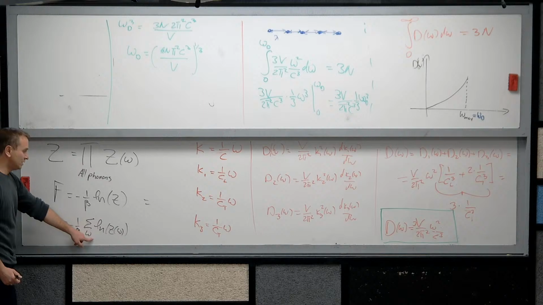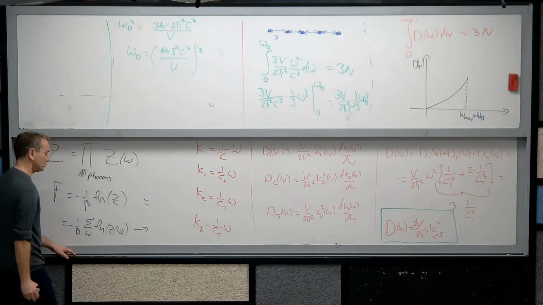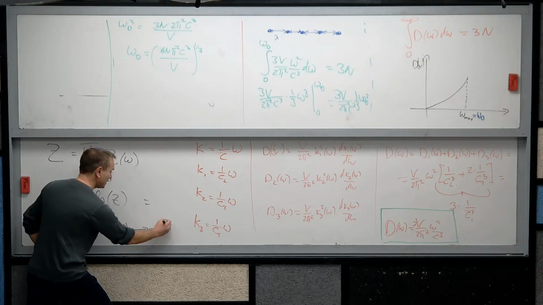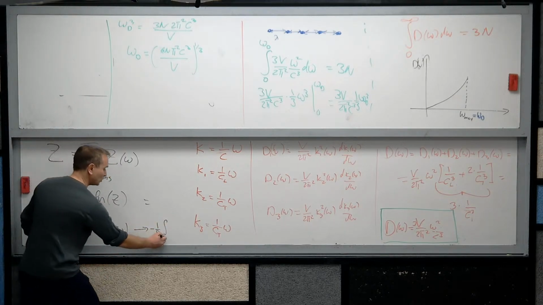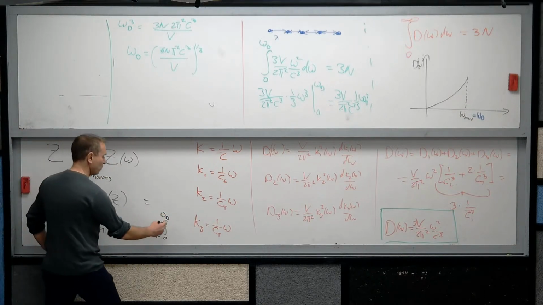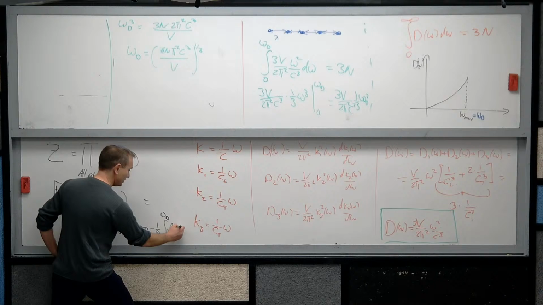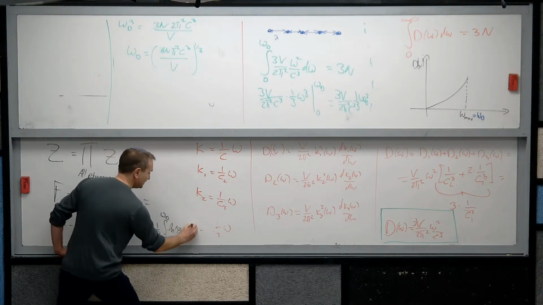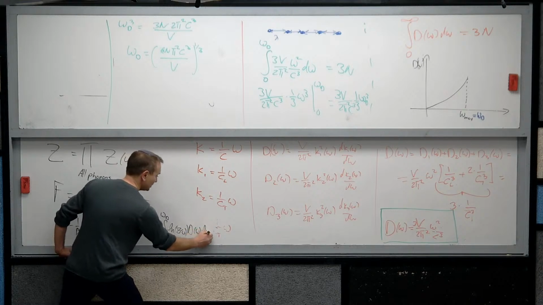Now, this sum we have to transform into minus 1 over beta, integral from 0 to omega Debye, of log of Z of omega, d omega.